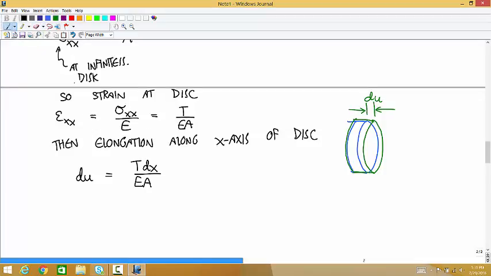So just going step by step, we got the stress, we got the strain, we used the strain to represent an infinitesimal displacement, and now we just have to integrate it.